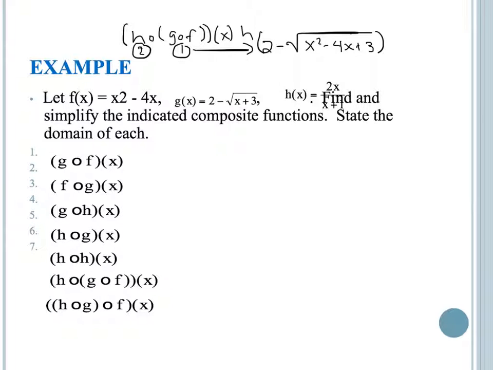And I need a little more room here, so I would have 2 and then in the denominator.